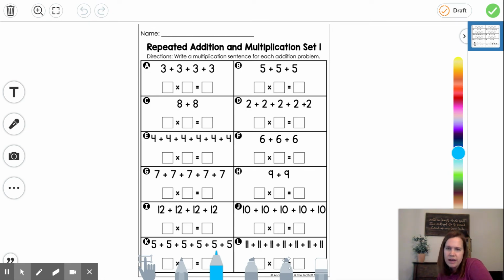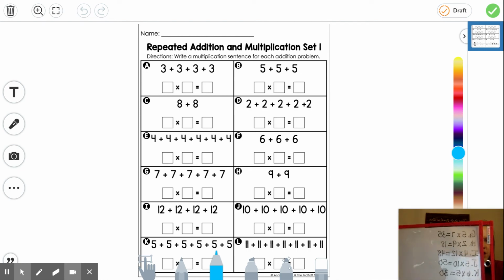All right, let's go ahead and take a look at K. I have 1, 2, 3, 4, 5, 6 groups of 5. And 6 multiplied by 5 is 30. That's one of those ones that's a known fact for me.